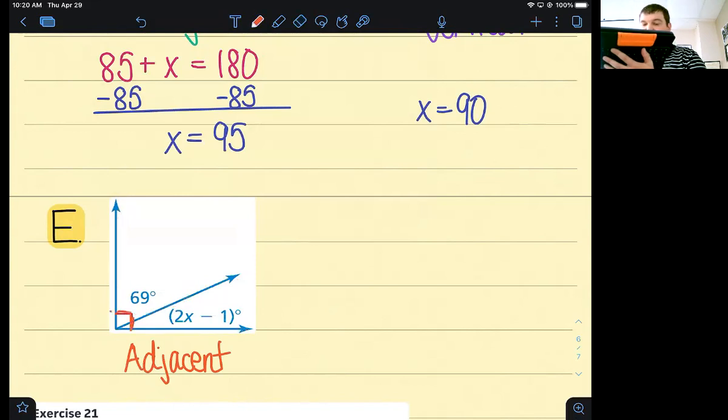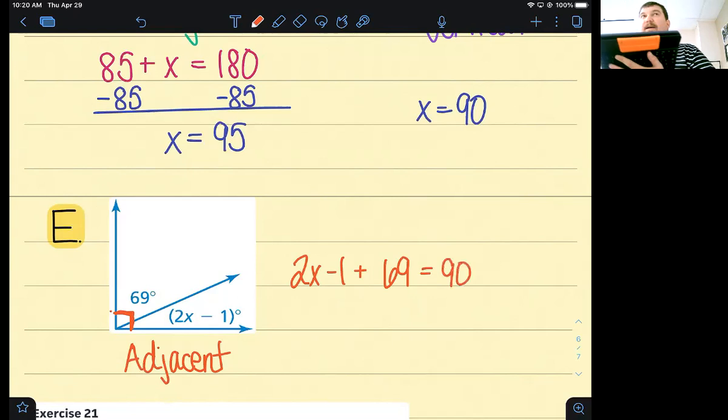And what do right angles measure? 90. So what we're going to do is we're going to write down the measure of the one angle. We're going to write down the measure of the other angle. We're going to add them together, knowing that they form a 90-degree angle. So take the 2x minus 1.